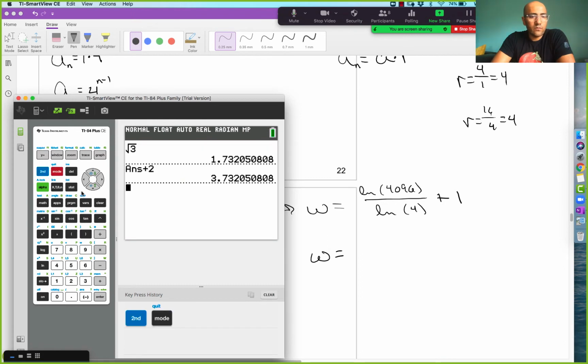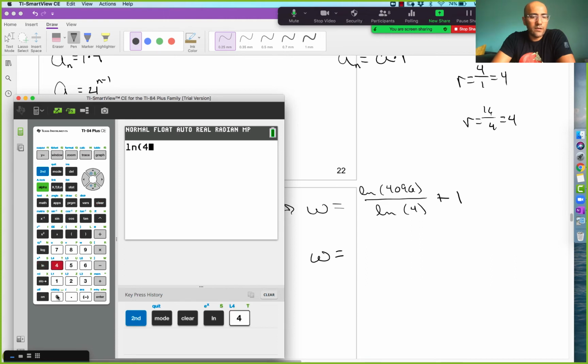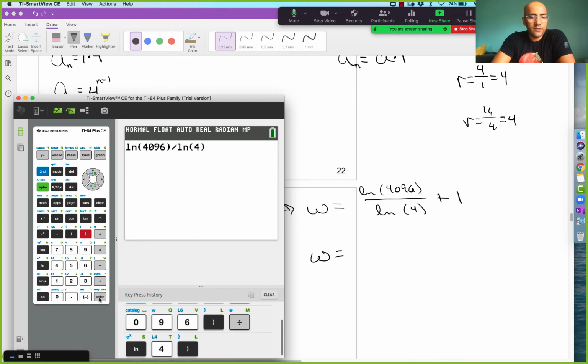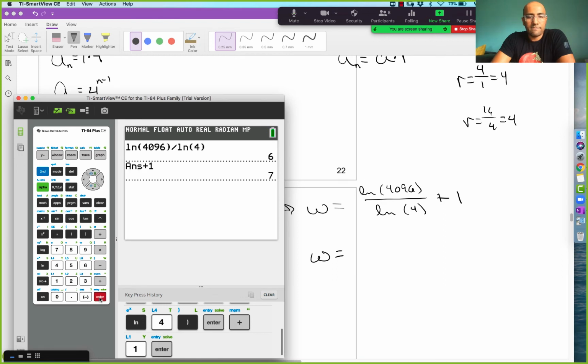Okay, so quit that, clear, and I want to do ln of 4096 divided by ln of 4, close parentheses, enter. I get a 6 plus 1, I get a 7. Good. So this guy is 7.